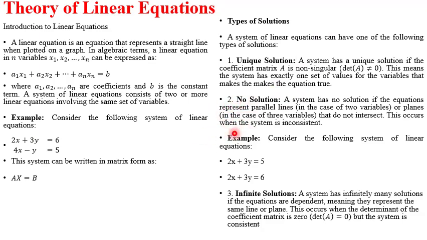Another kind of solution that is possible is no solution. So it is possible for a system of linear equations not to have a solution, and that occurs if the equations represent parallel lines, that is in the case of two variables, or planes in the case of three variables, that do not intersect.